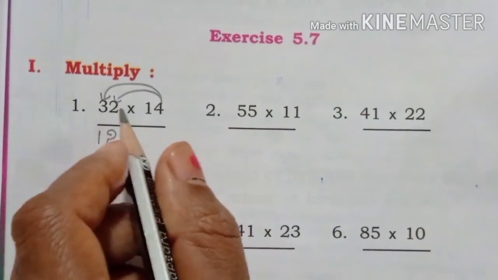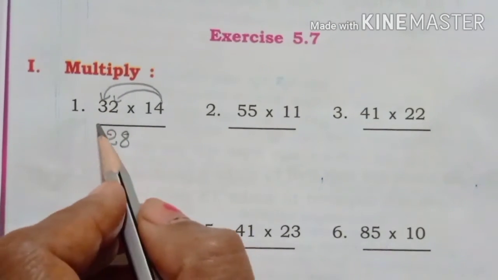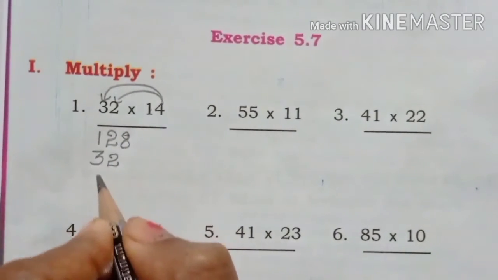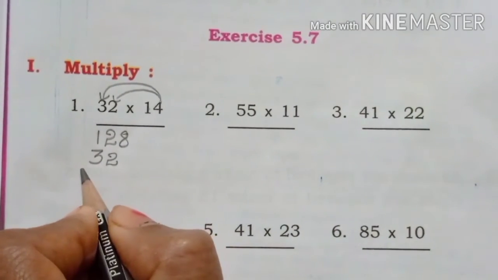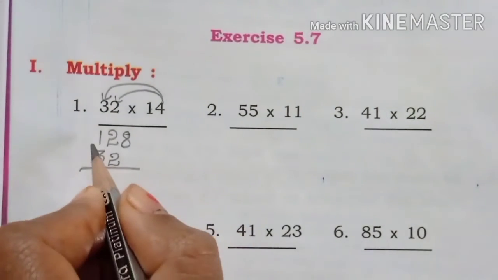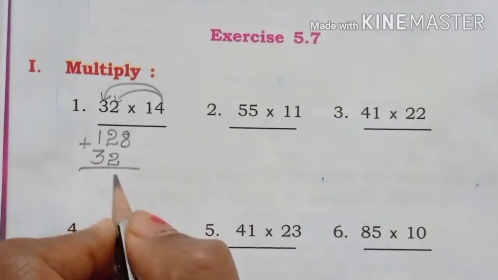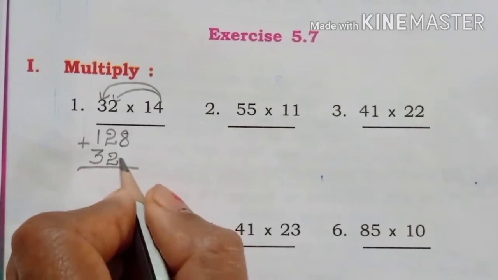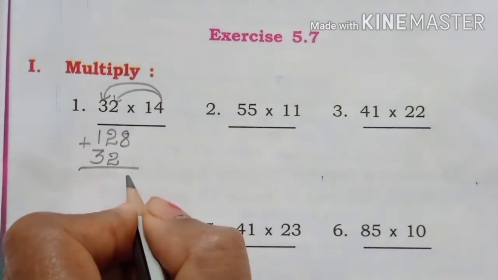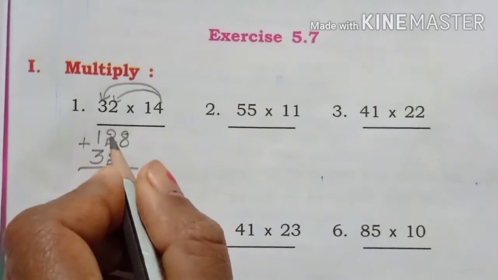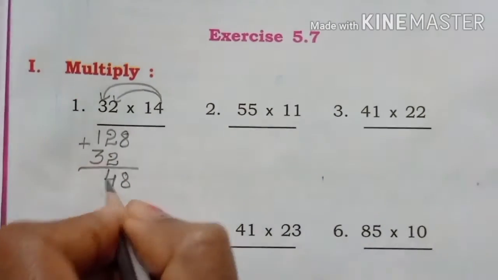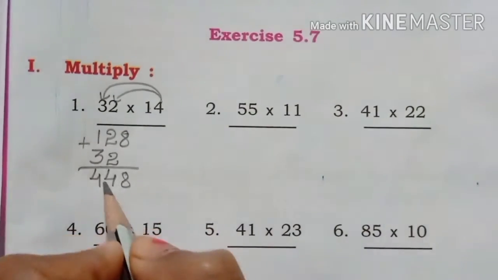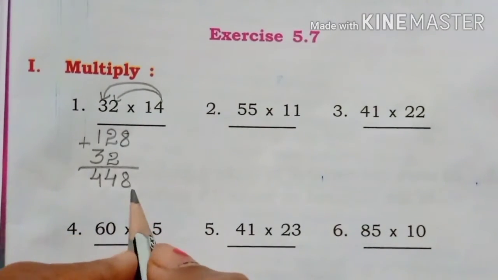Now 1 3 is 3. Now we add. 8. Now 2 plus 2 is 4. 1 plus 3 is 4. So product is 448.